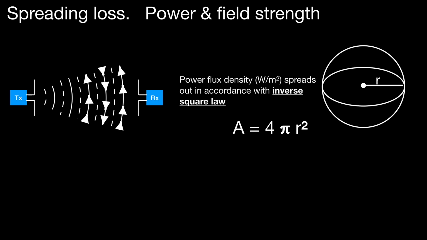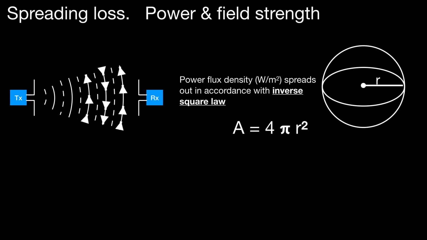And this is what's happening with the power flux density. We have a point source there, perhaps the isotropic antenna as a little point source, and you can imagine it as light, illuminating a globe, first of all, of radius r, and then a globe of radius 2r.